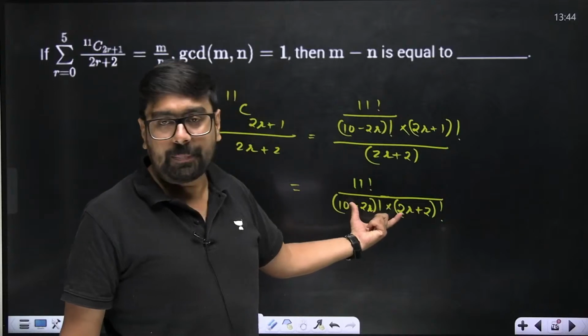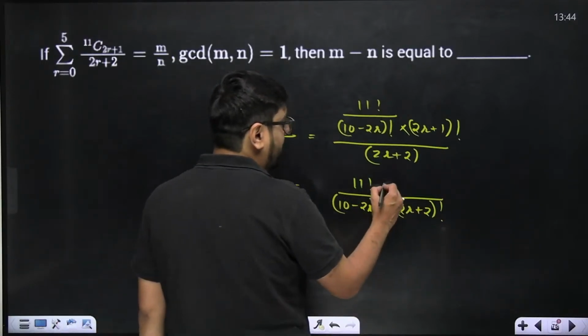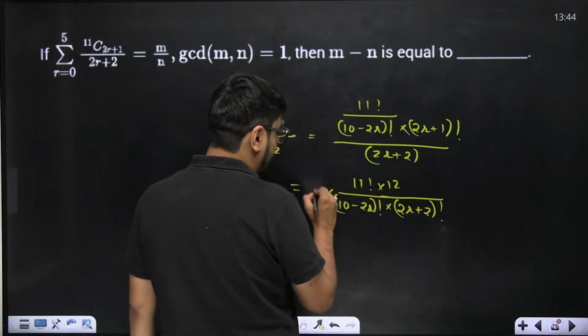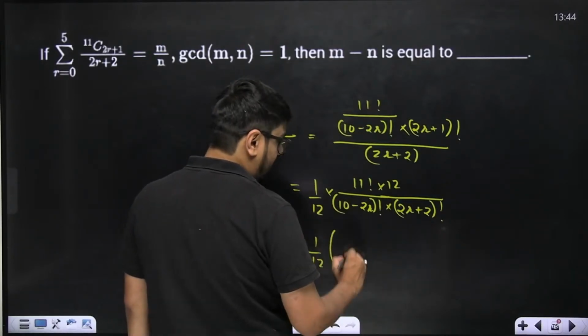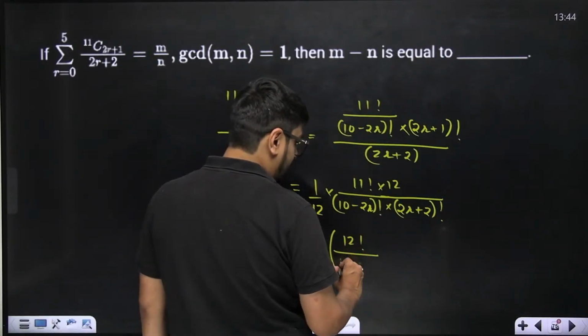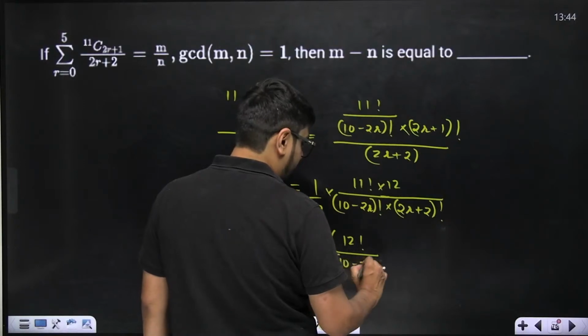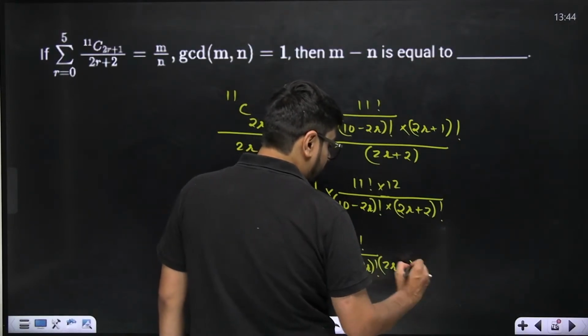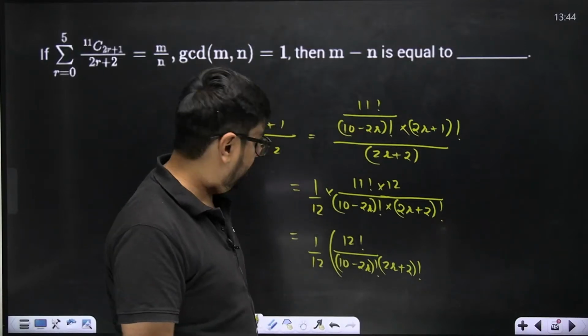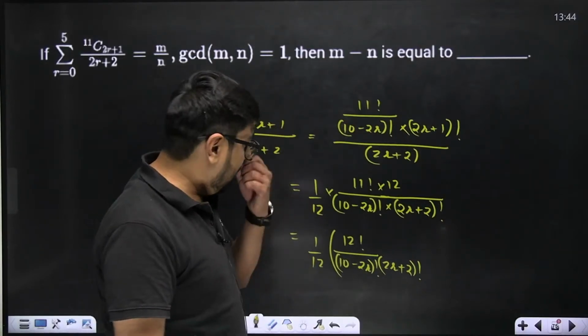You can again convert it into nCr just by multiplying by 12 over here and dividing by 12. So this will become 1 by 12, and 12 into 11 factorial will become 12 factorial divided by (10 minus 2r) factorial and (2r plus 2) factorial. Now what is this?